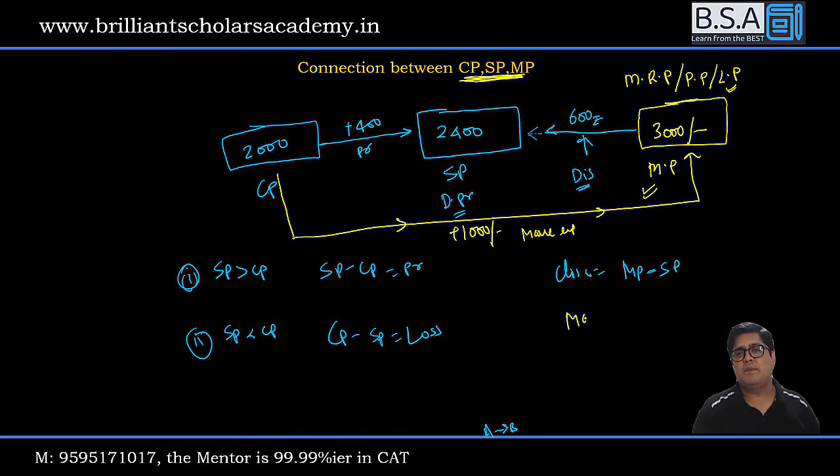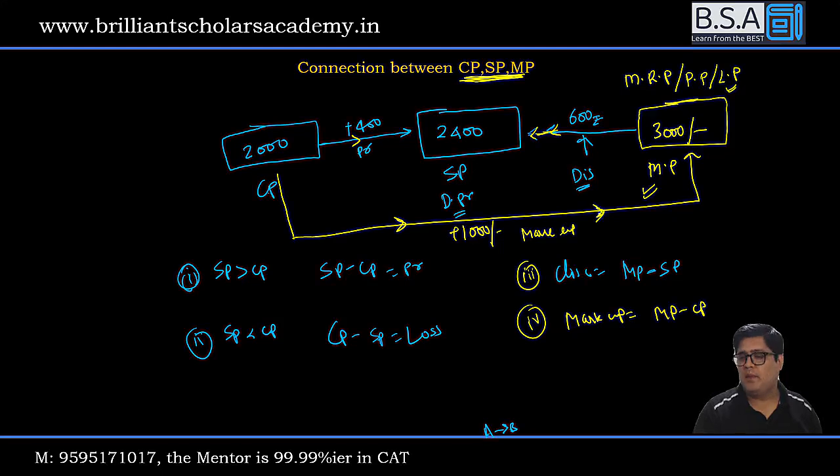So where does markup happen? Markup happens between MP and CP. So I want you to copy down this representation in detail and make sure you are representing these arrows as well. Copy this down.